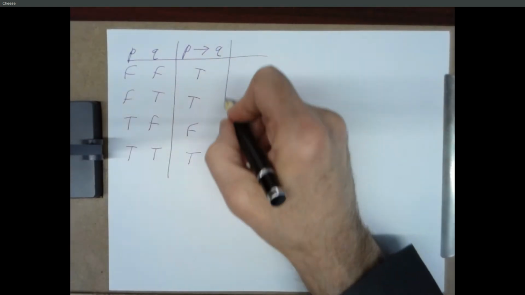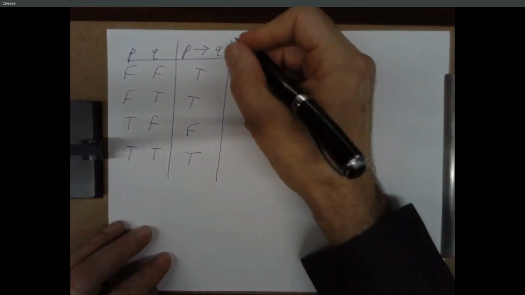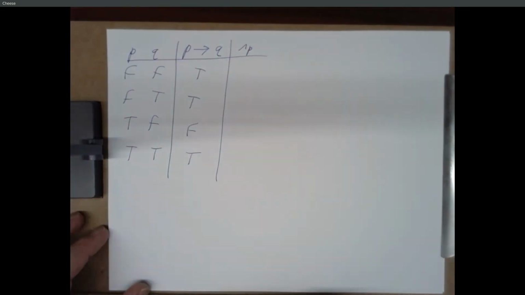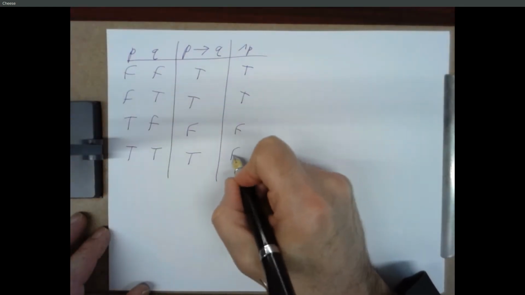All right, there's our truth table for implication, if then. If I write a column for the negation of P, that's going to be true, true, false, false.